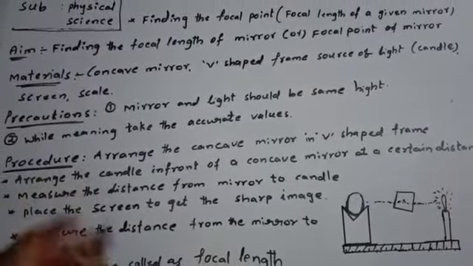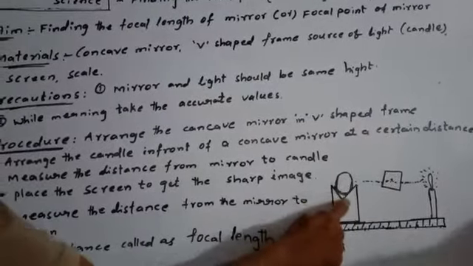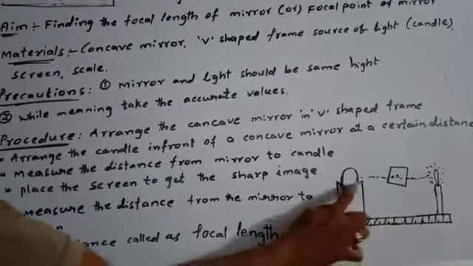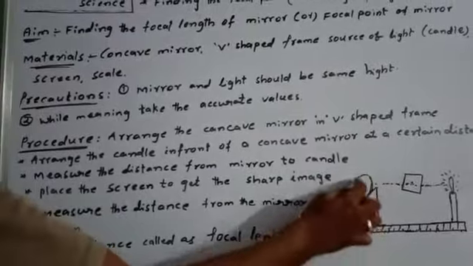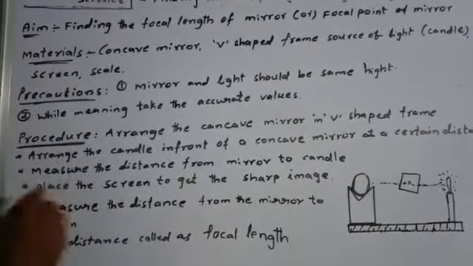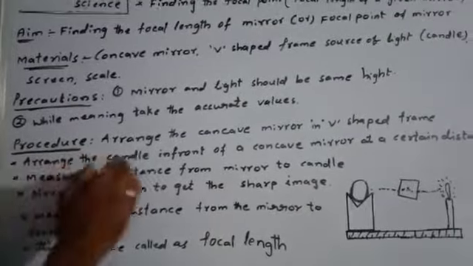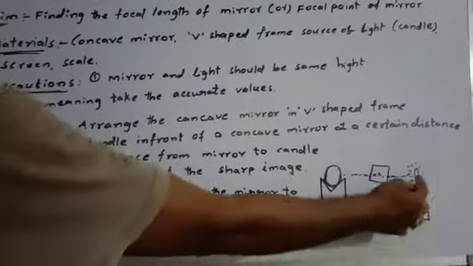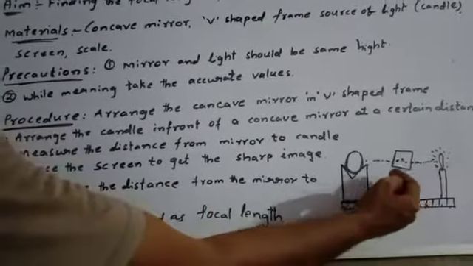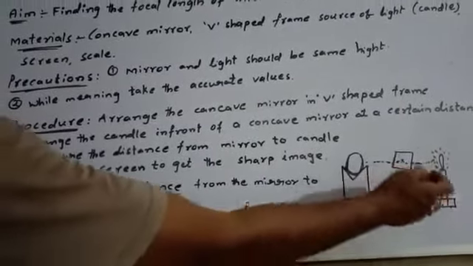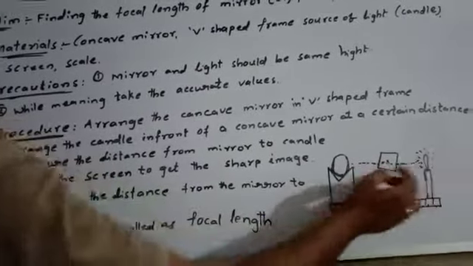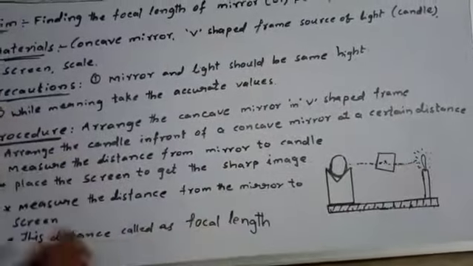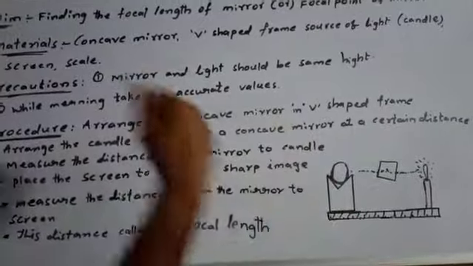What is the procedure? Arrange the concave mirror in the V-shaped frame. Arrange the candle in front of the concave mirror at a certain distance, and measure the distance from mirror to candle.